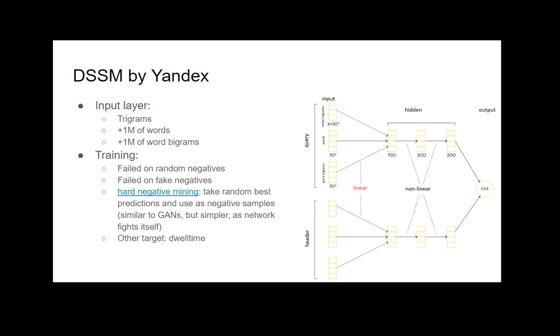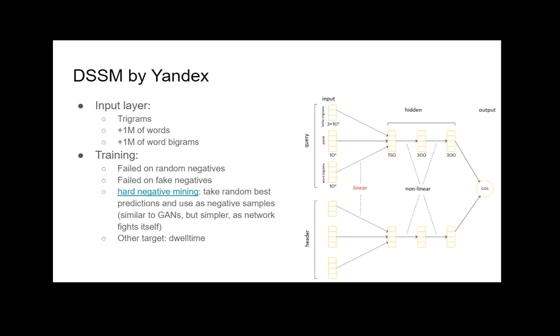And what Yandex ended up with is hard negative mining, meaning that your model is trained to predict some metric, let's say click-through. Then you take the best predictions and use them as negative samples, and you retrain the model again. And this leads you to some good result.